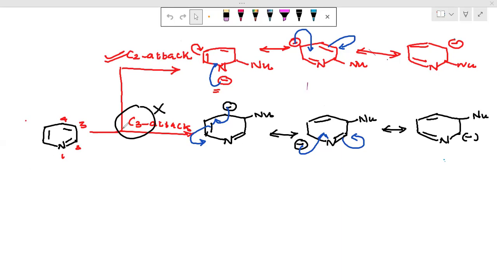Next, let's move on to the C4 position. If we move on to C4 attack, the reactions will take place as 1, 2, 3, 1, 2, 3, 4. Nucleophilic attack on this position. Keep this charge.